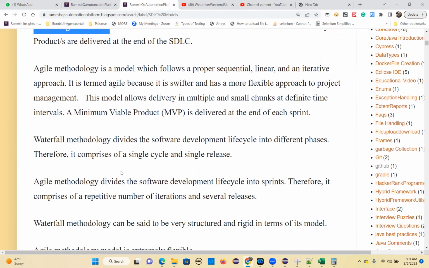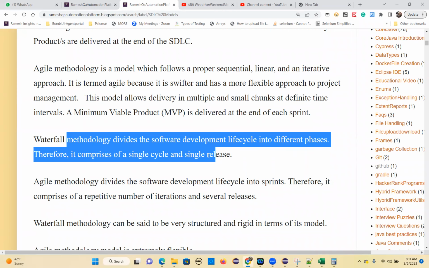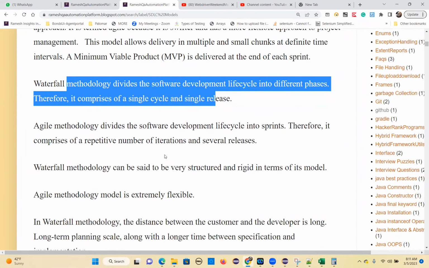Waterfall methodology divides the software development life cycle into different phases. It comprises a single cycle and a single release. There are no multiple releases or multiple cycles. All the phases must be completed, then you will release it; otherwise, keep on postponing.